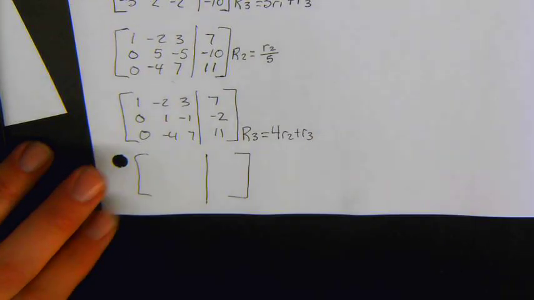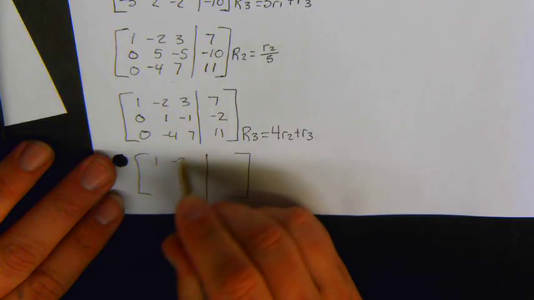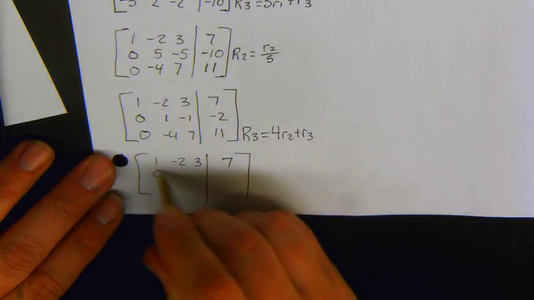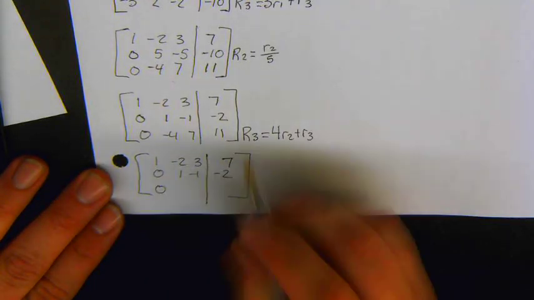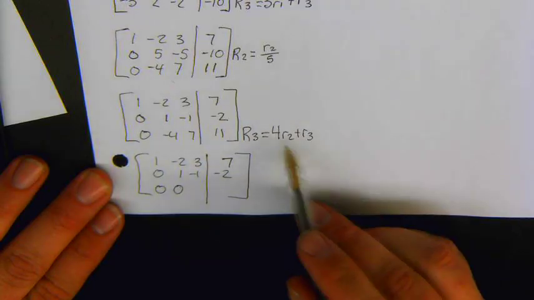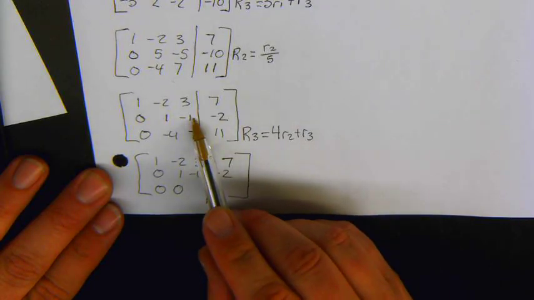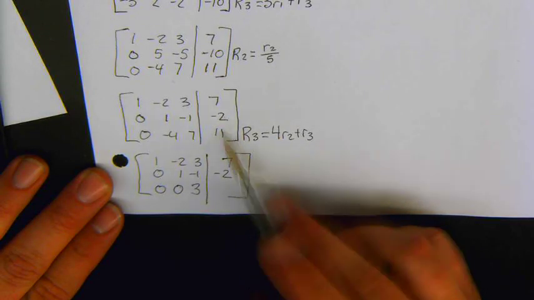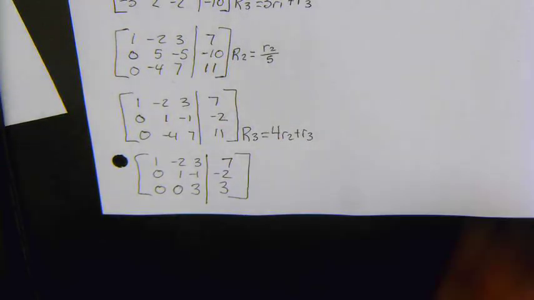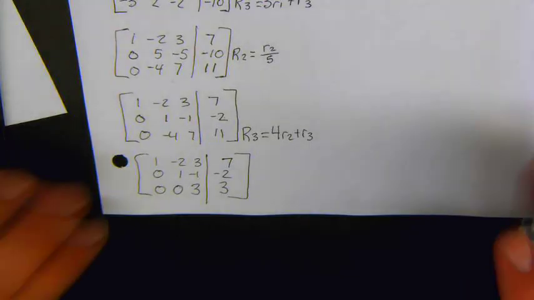Okay, so we got 1, -2, 3, and 7. 0, 1, -1, -2. And now 0, 0. That's -4 plus 4, that's a 0. That's -8 plus 11, that's 3. Wait, -4 plus 7, that's a 3. And that's -8 plus 11, that's another 3. So we are very close now.